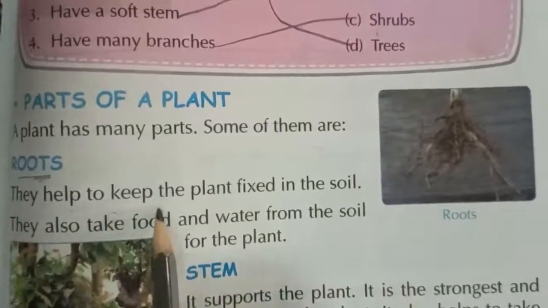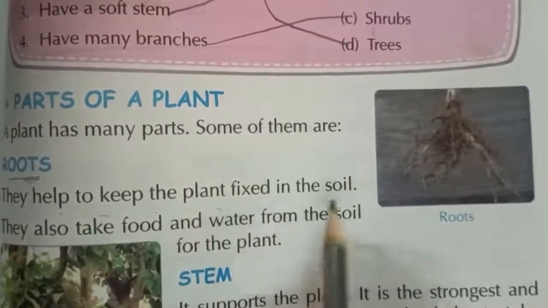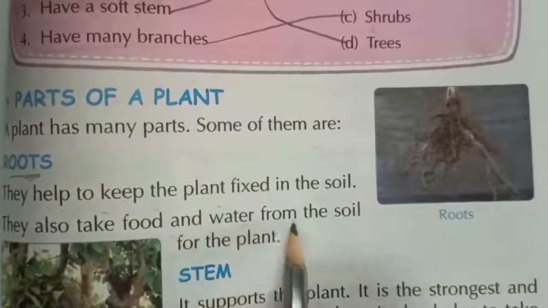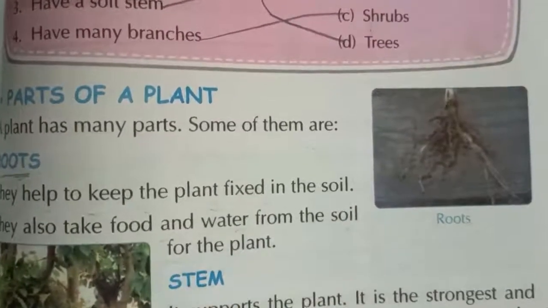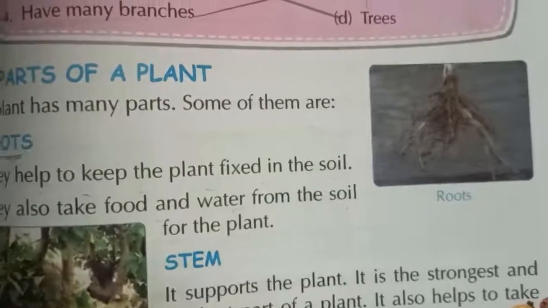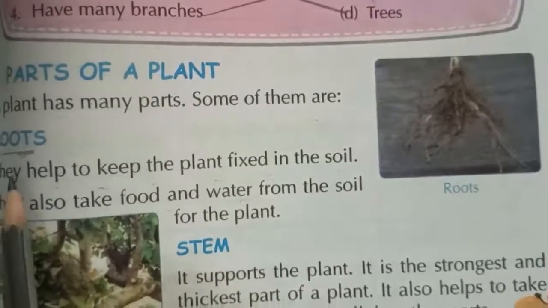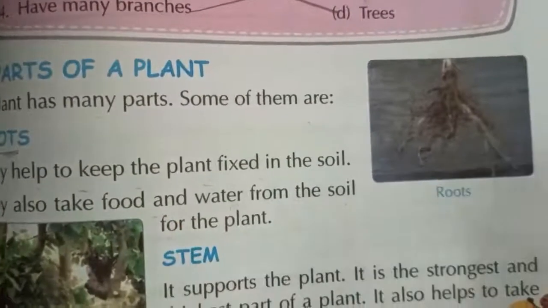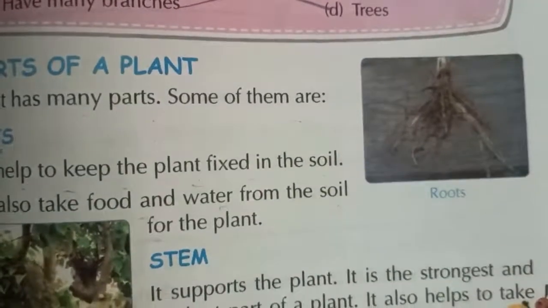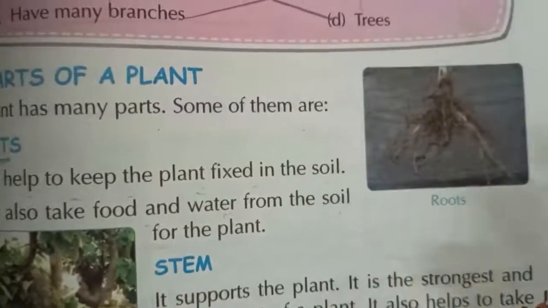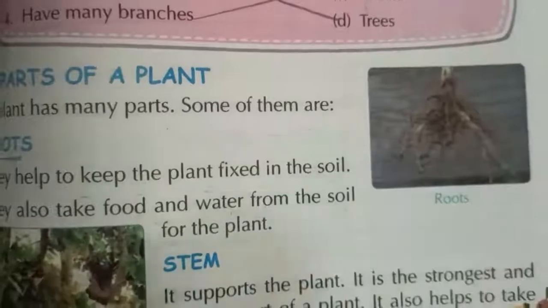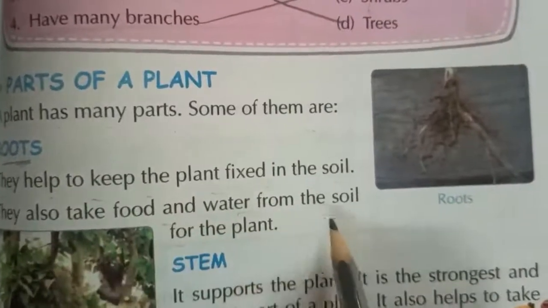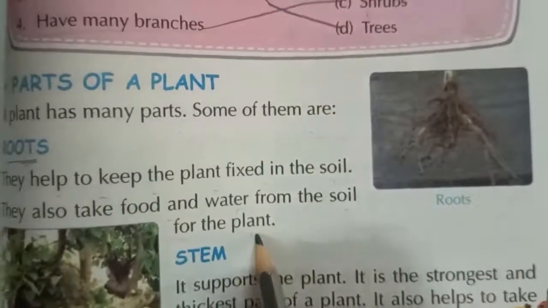They help to keep the plant fixed in the soil. They also take food and water from the soil for the plants. So, plants' legs are called roots.